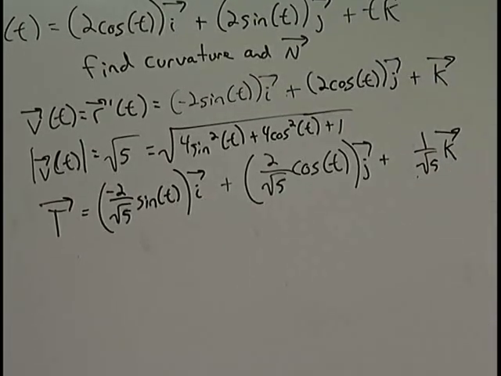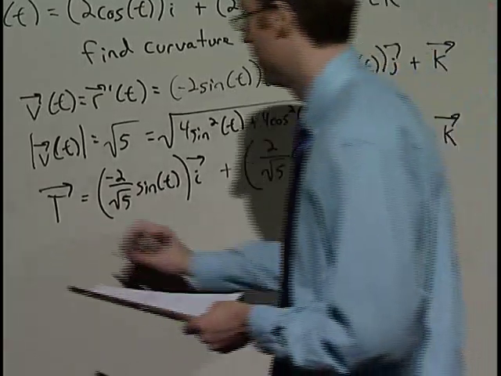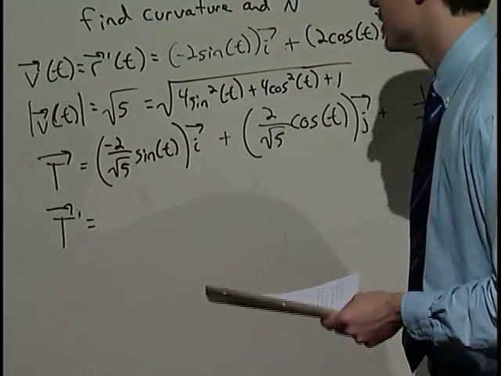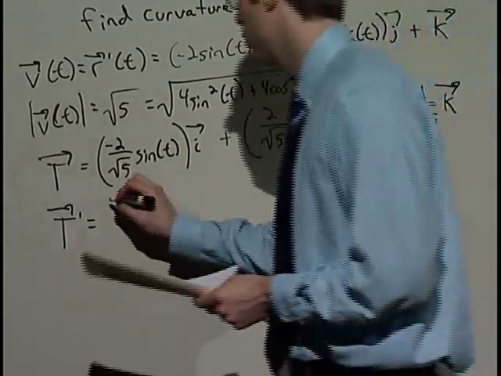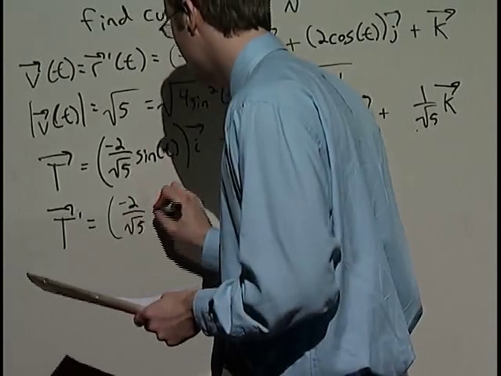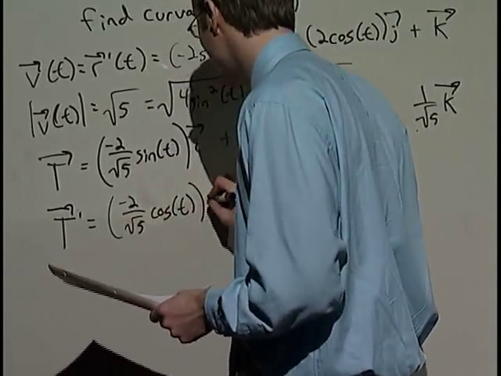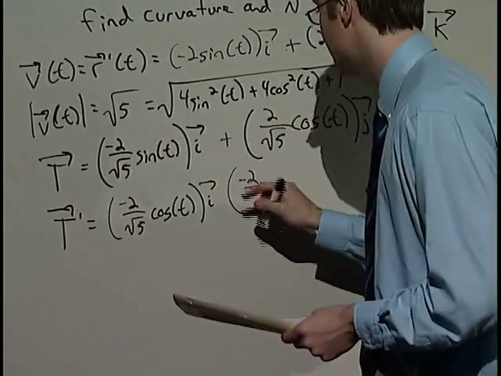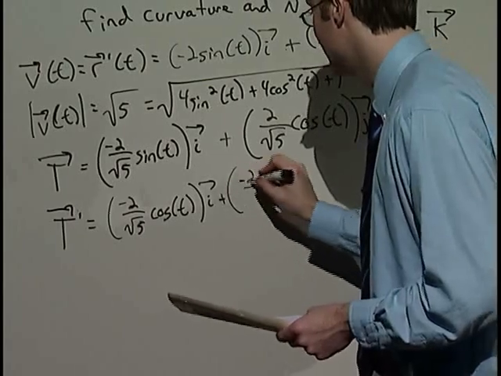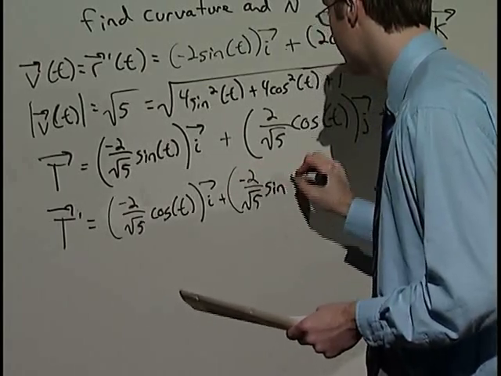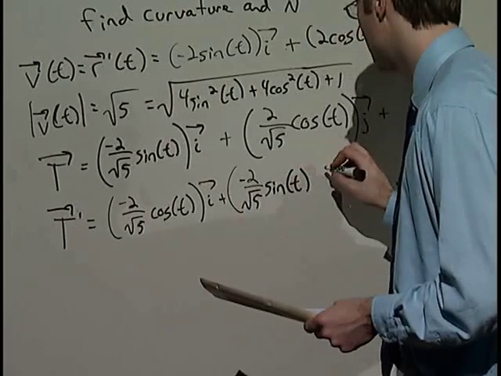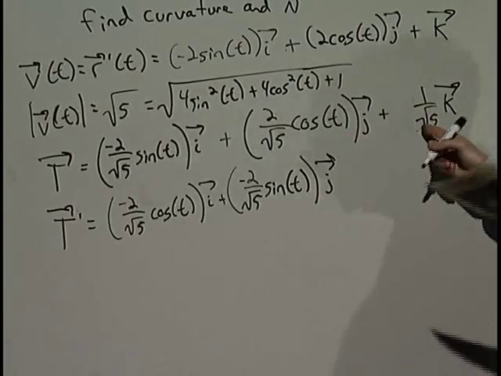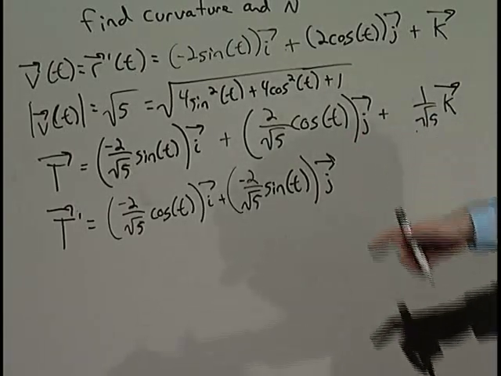The derivative of negative sine is negative cosine, so that's negative 2 over root 5 cosine t i. The derivative of cosine is negative sine, so plus negative 2 over root 5 sine t j. And this zeroes out because it's a constant, so we're done with that.